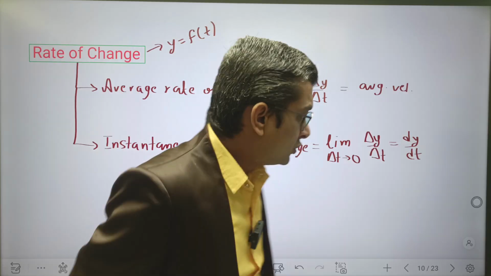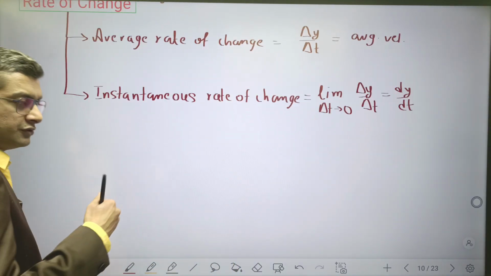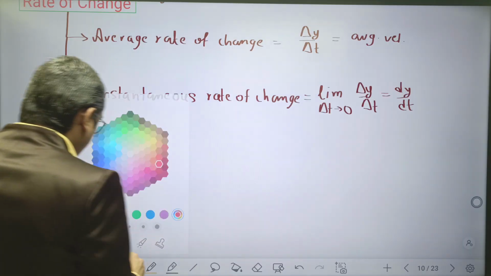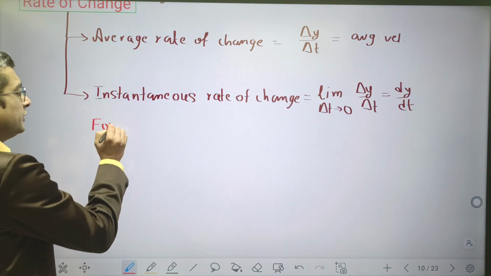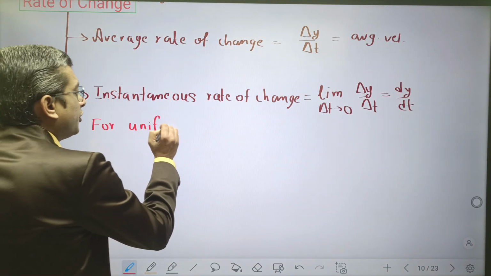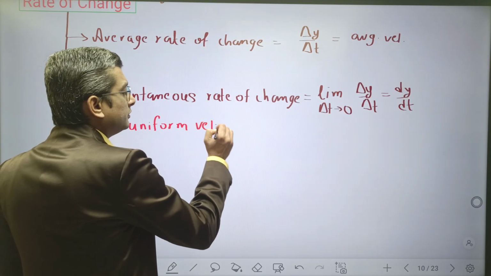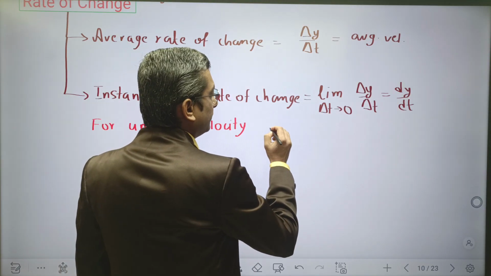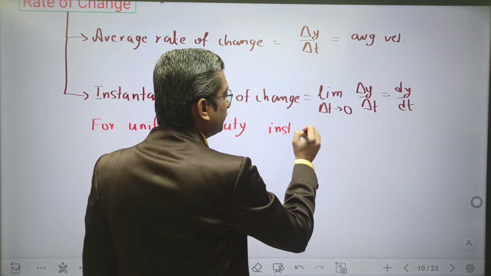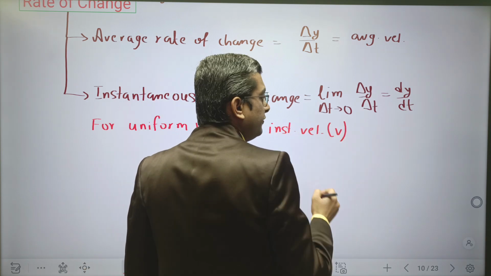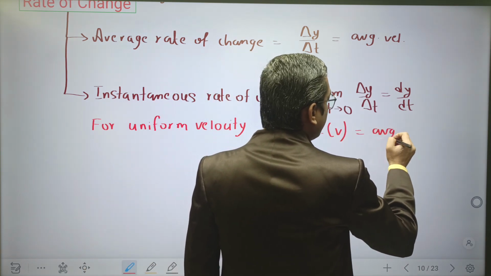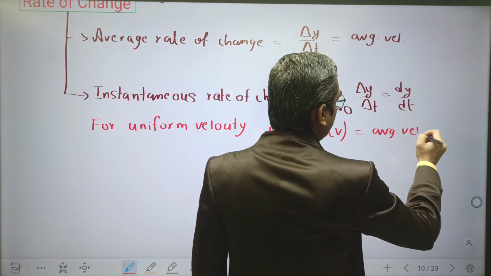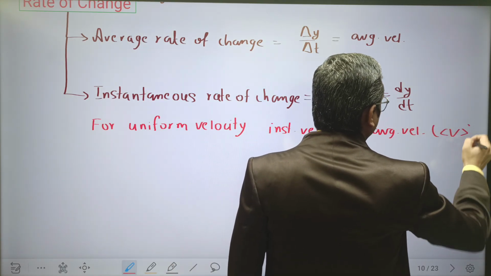Isn't it? So whatever example I have just given you, I am writing here. For uniform velocity, dear students, the instantaneous velocity, represented by v, is equal to the average velocity, represented by v bar in this way.